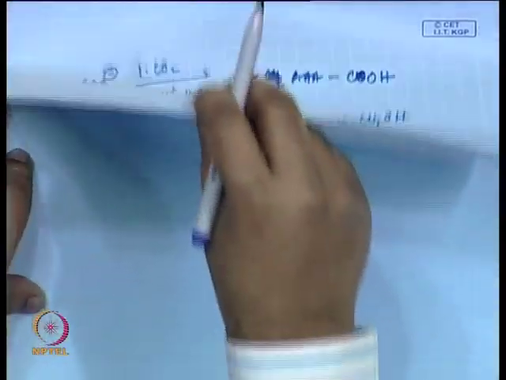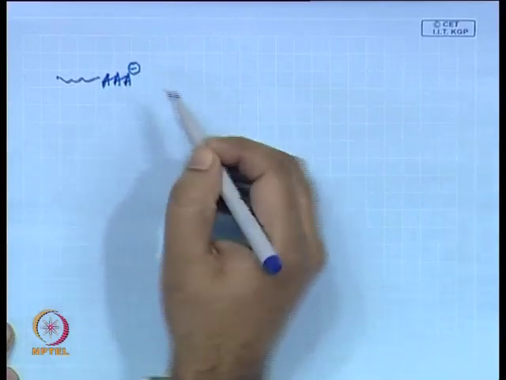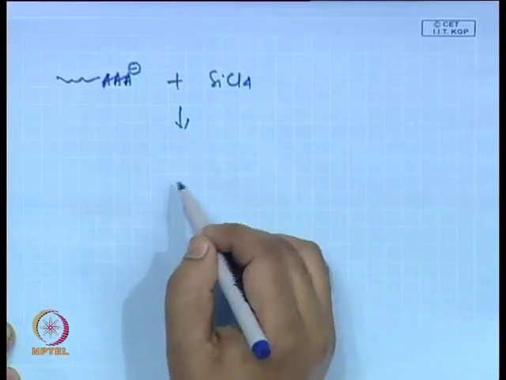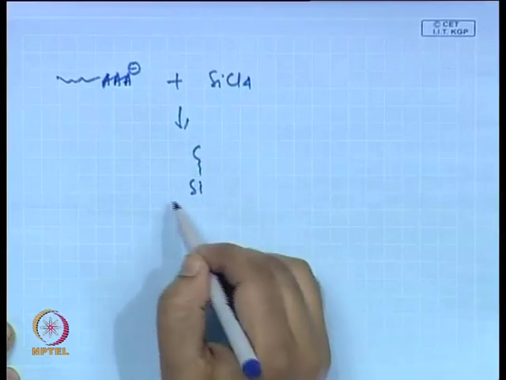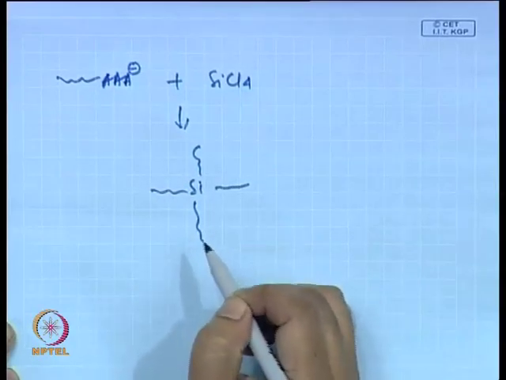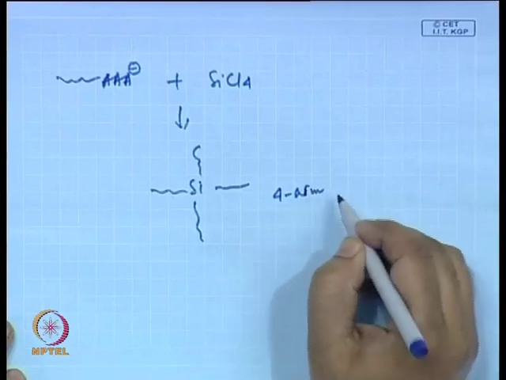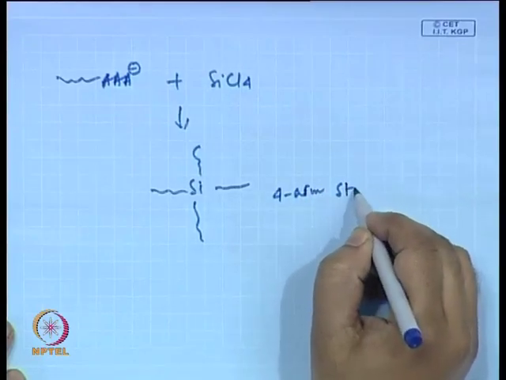You can take help of coupling reaction and you can make a four-arm, in this case a 4-arm star polymer.